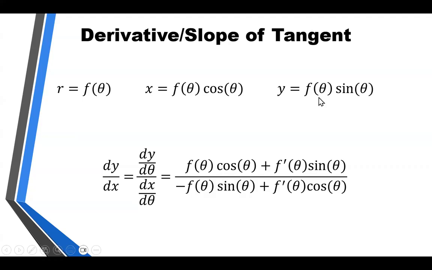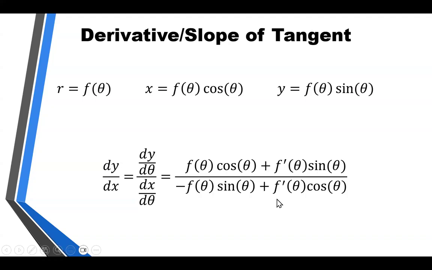So we take the normal f of theta times the derivative of sine, which is f theta times cosine, plus the derivative of f times normal sine, which is f prime times sine. So in other words, we're using the product rule to find the derivative of y with respect to theta in the numerator. In the denominator, we're going to do the exact same thing.